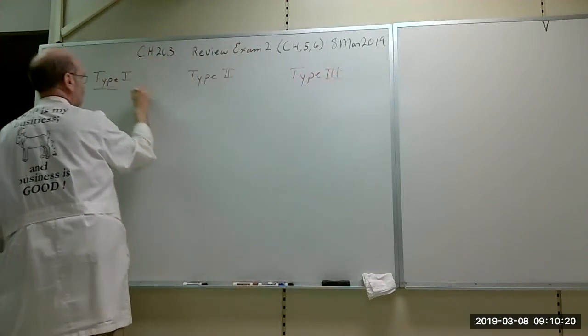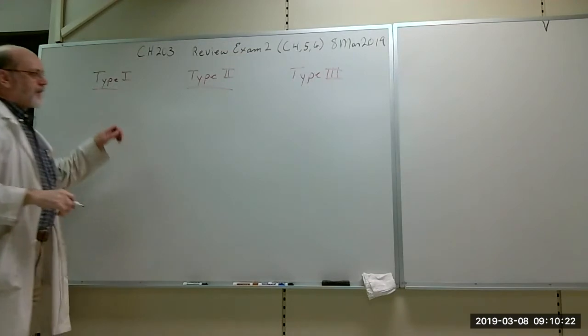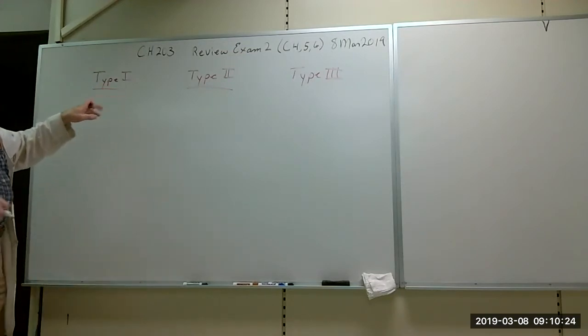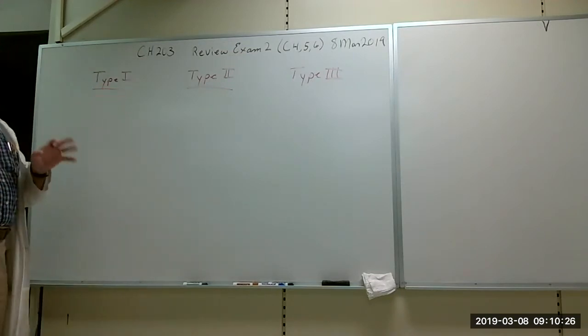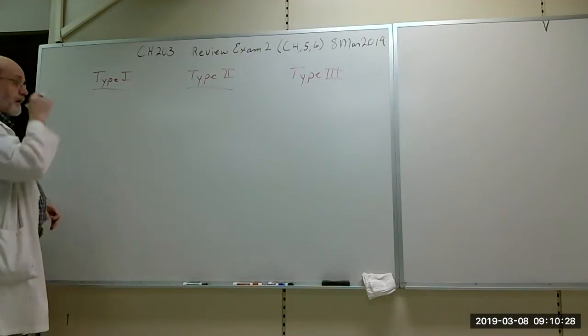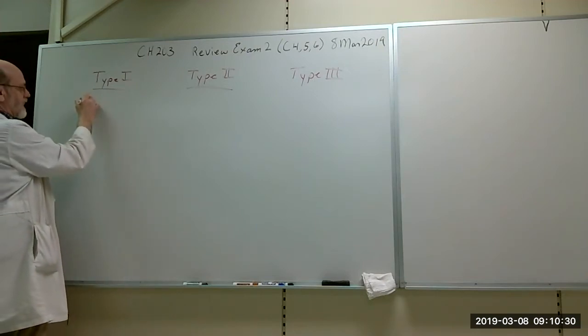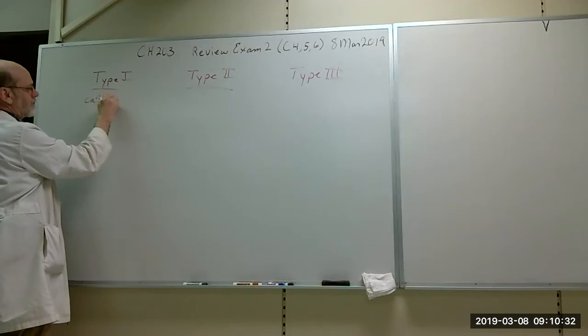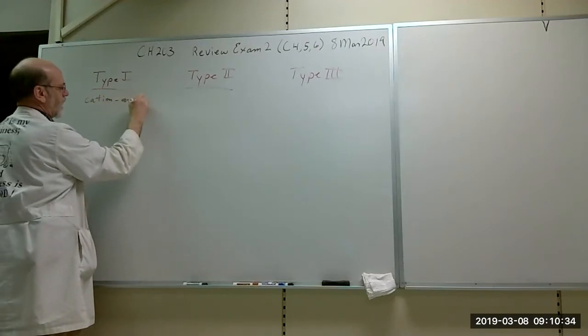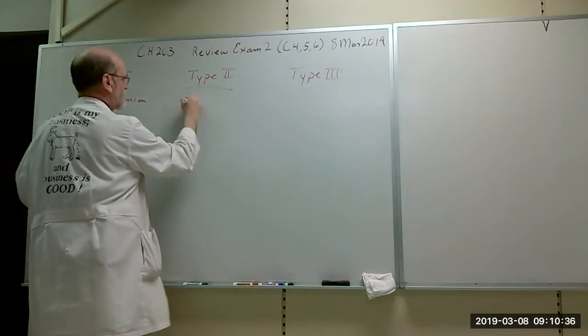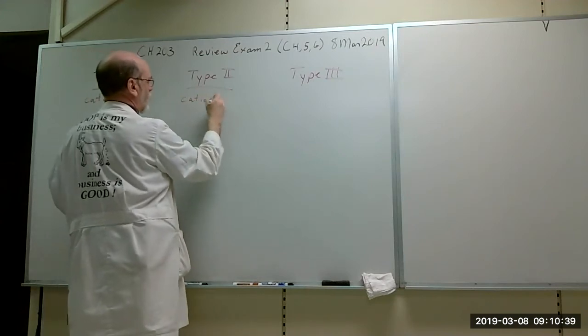Type 1s and type 2s are pure ionic compounds. That is, both the cation and the anion are specified in this order.